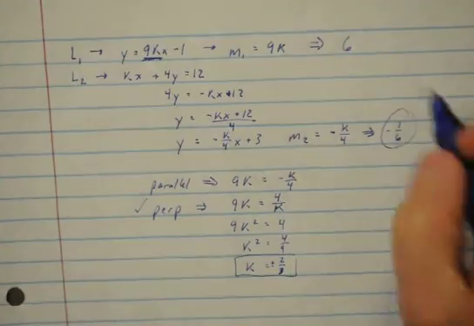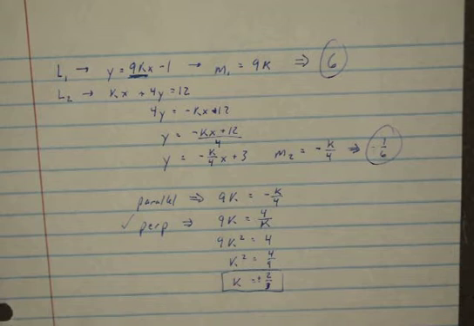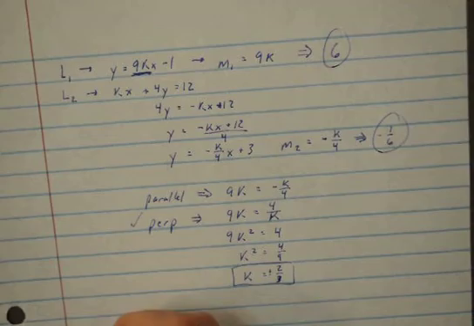There, see? Perpendicular. 6 and negative 1/6. So there you have it. It worked out. Example 17.